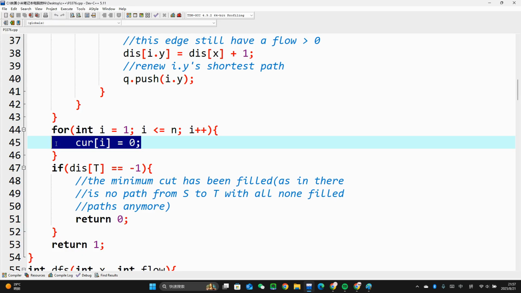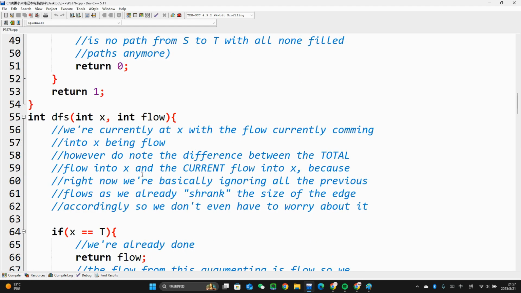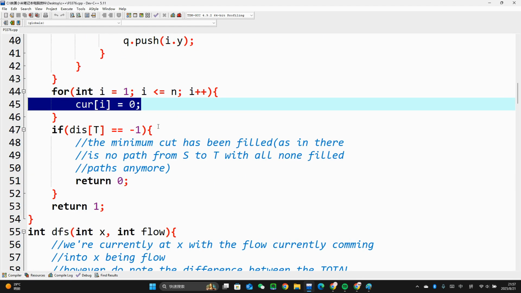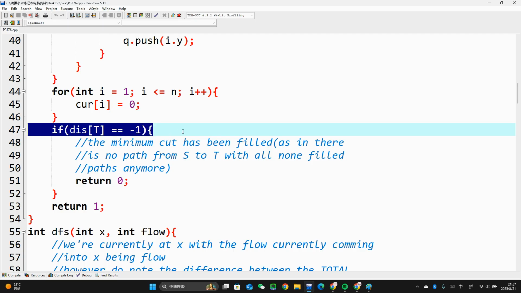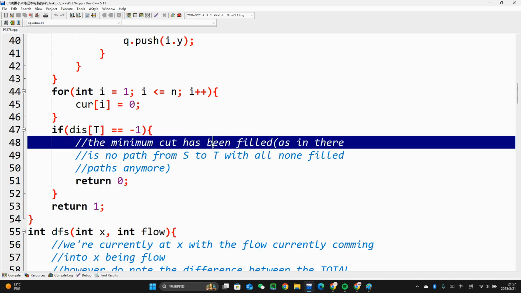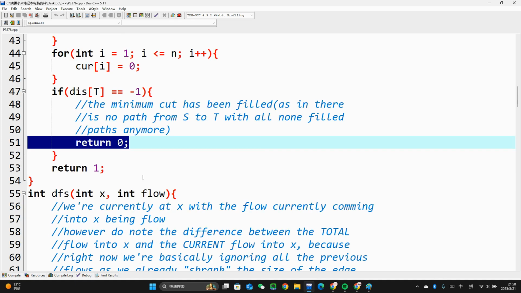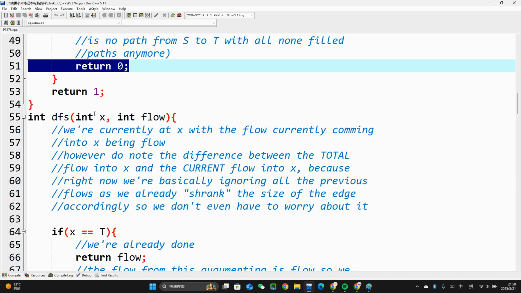So here we're just initializing that, and you'll understand how we use it later. And then finally, if the distance to t is -1, which means we can't reach t anymore, that means there isn't another path that is not filled anymore, and then there is no other increased flow path. So we're done. Return 0. And now is DFS time.